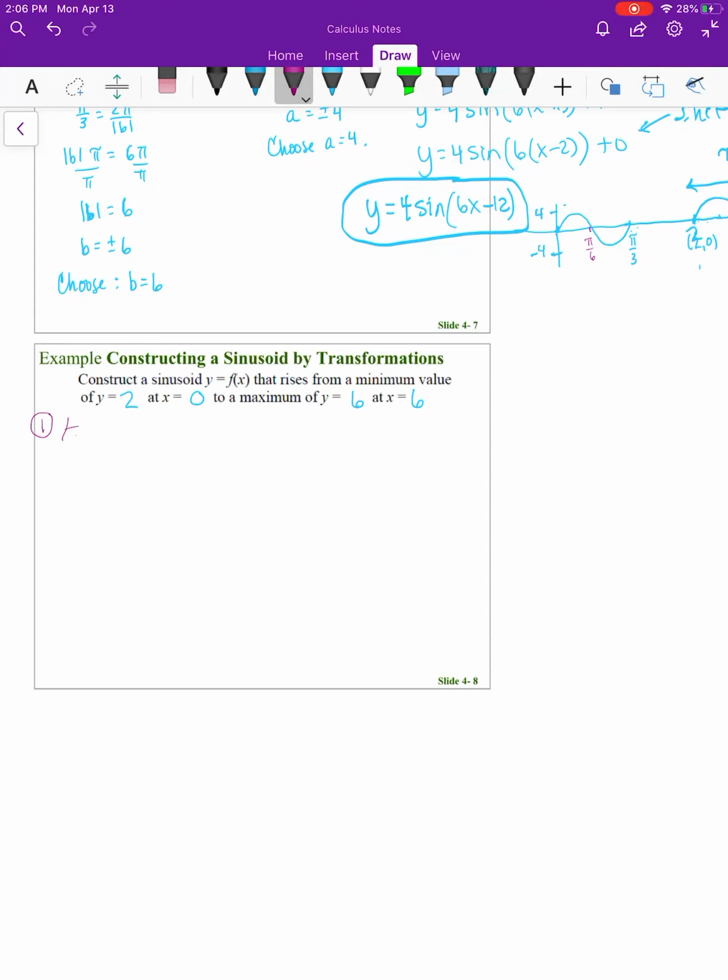So, first thing that we're going to do is figure out what the amplitude is. You're thinking y equals a times sine or cosine of b times x minus h, plus k. First thing you're thinking of is, hey, what is my amplitude?